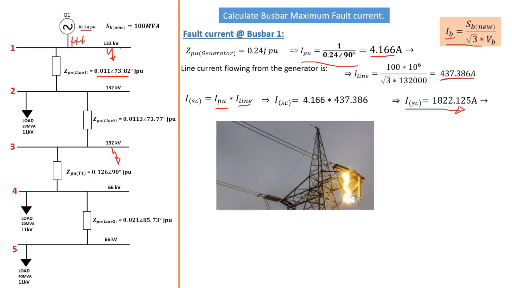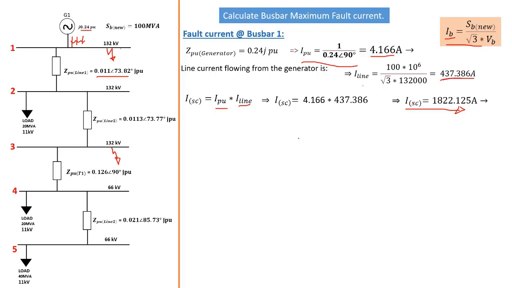Please don't do that. Now moving on, we may also calculate the short circuit MVA. Using our short circuit current, we can then calculate the short circuit MVA, which gives us 416.6 megavolt ampere. Now, you'll notice that this is the MVA.